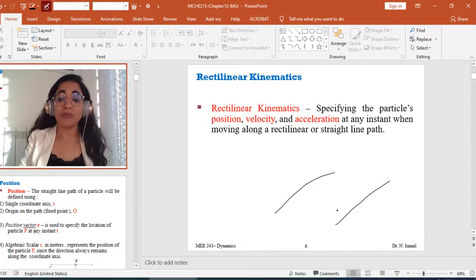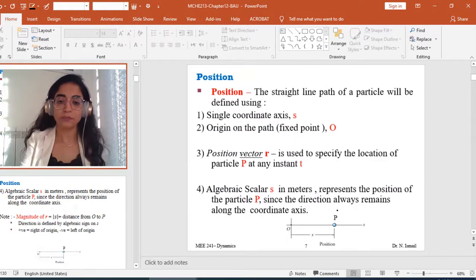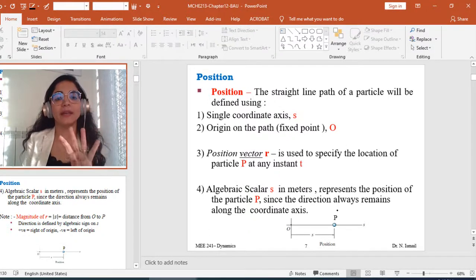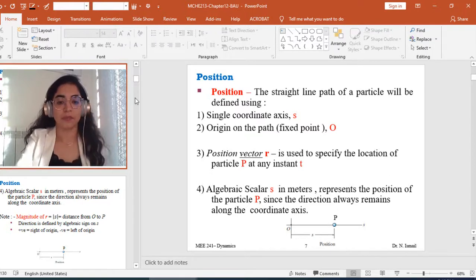So how to find the position, velocity, and acceleration in rectilinear motion? First of all, let's start with position. Starting with this term, position, I want you to differentiate four main parameters: R, which is in vector form always.